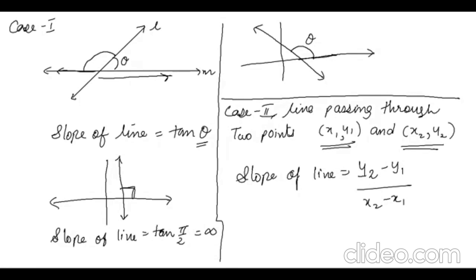Yes, sir. Let's continue our explanation with the condition for parallelism and perpendicularity of two lines in terms of the slope. So here we will try to derive the condition for the two lines to be parallel.